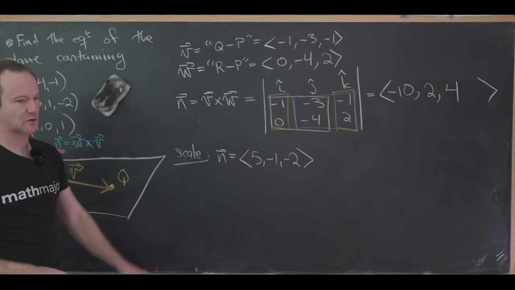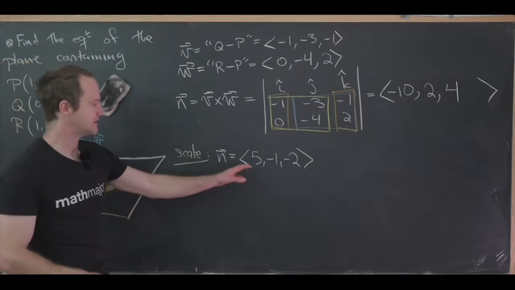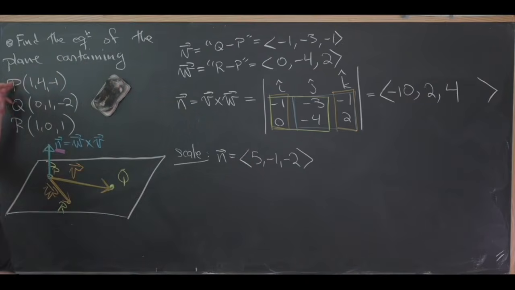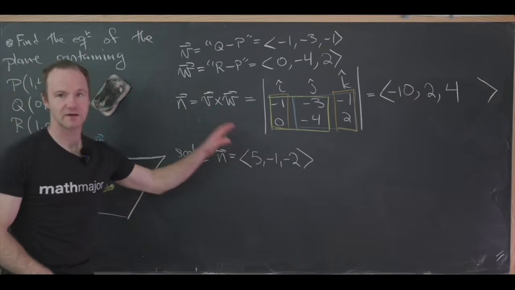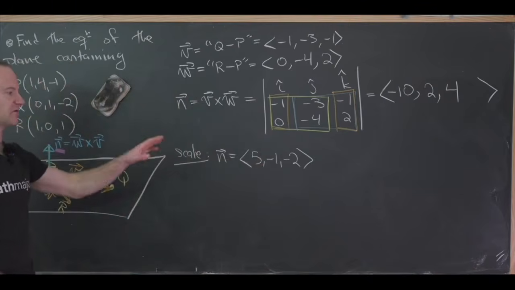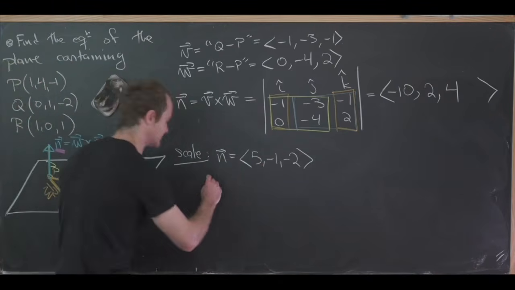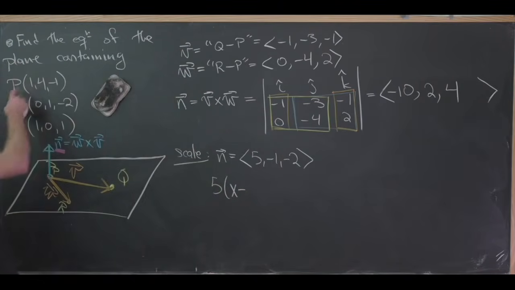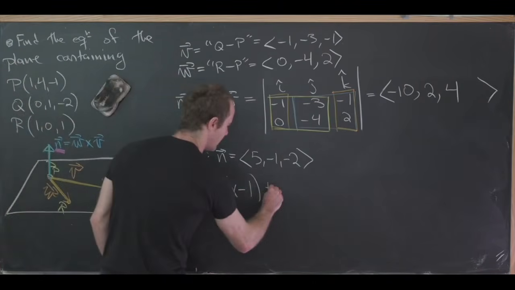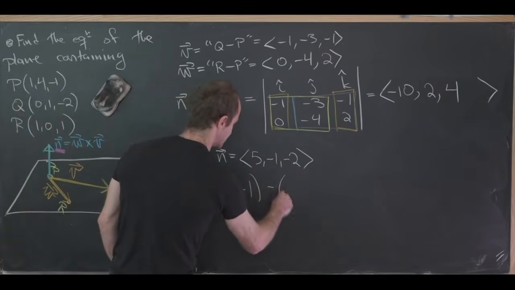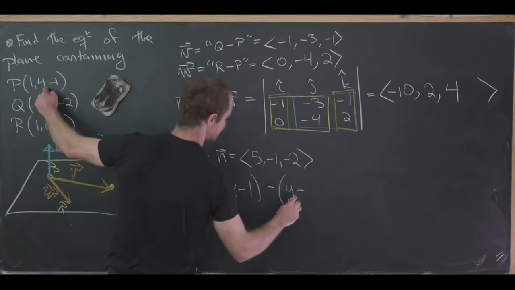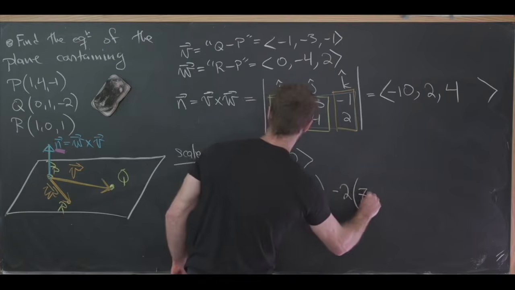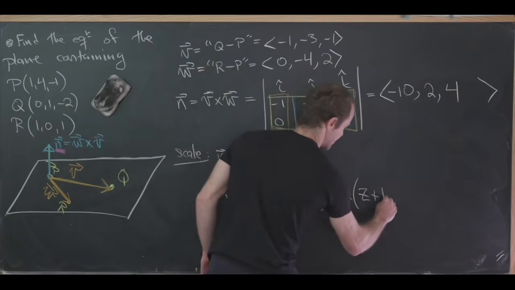So let's recall that the equation of the plane is the x component of this normal vector times x minus the x part of one of our points, then the y component times y minus the y part of one of our points, and the same thing as the z component. So it'll be 5 times x minus, we'll pick p maybe, 1, plus -1, so it'll be minus, and then y minus 4, and then minus 2, z minus -1, so that's z plus 1.